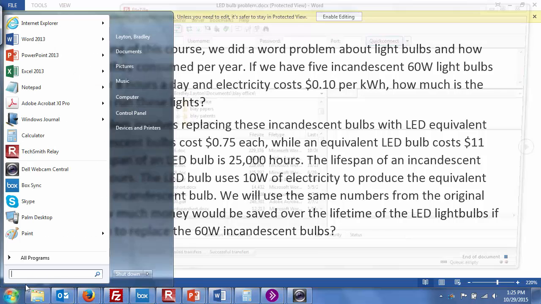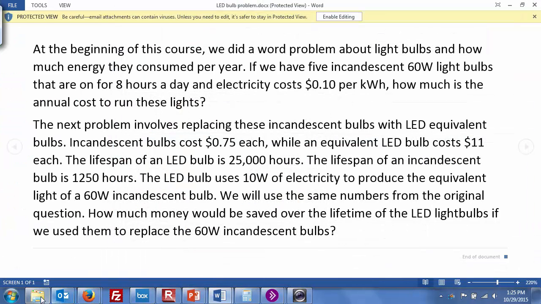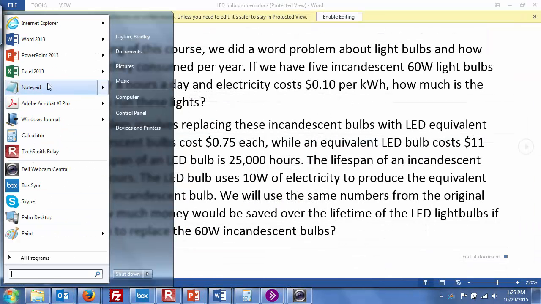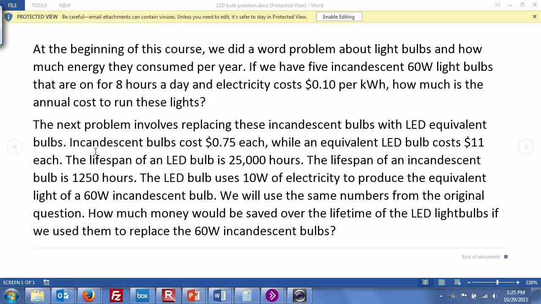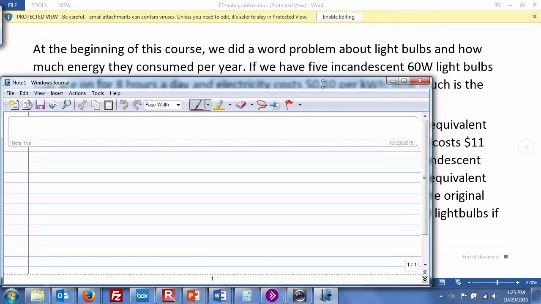It costs 24 cents per day to run our incandescent bulbs. That's 2.4 kilowatt hours at 10 cents a kilowatt hour. Okay, so split the screen here so I can see both of them.